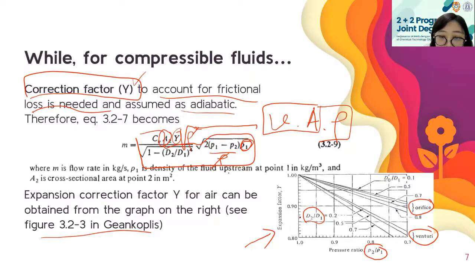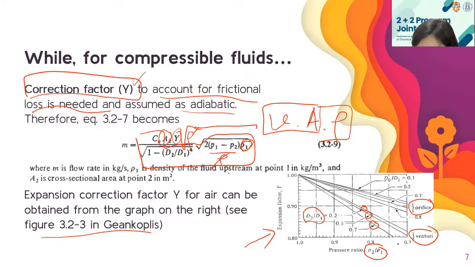If I know that d2 over d1 is 0.2, then I will use this line. If I know that the d2 over d1 value is 0.5, then it's this. But if the diameter 2 per diameter 1 is 0.7, then I use this one.